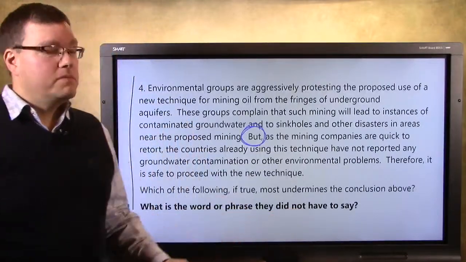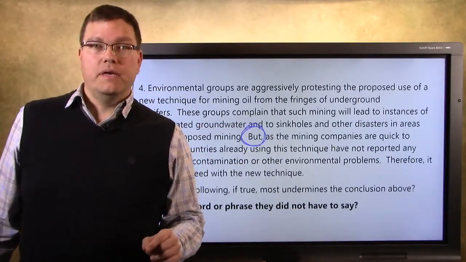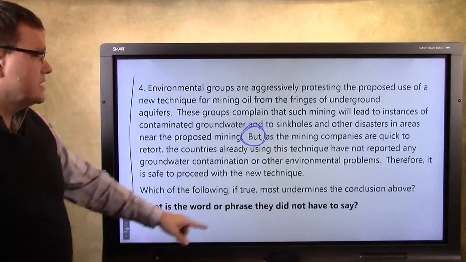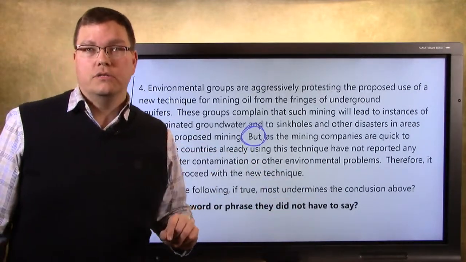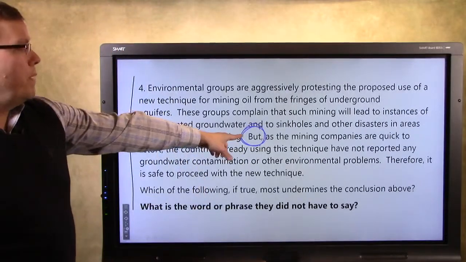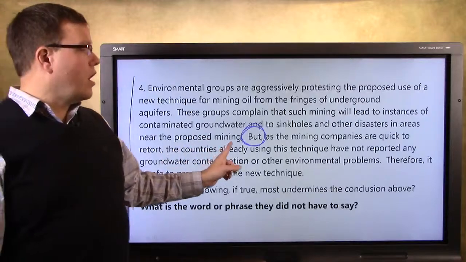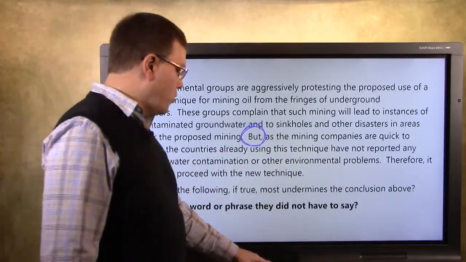I'm not going to say that. So this, starting with the word but, since this is a weekend question, is going to be the evidence and the conclusion. Okay? So, but as the mining companies are quick to retort, the countries already using this technique have not reported.